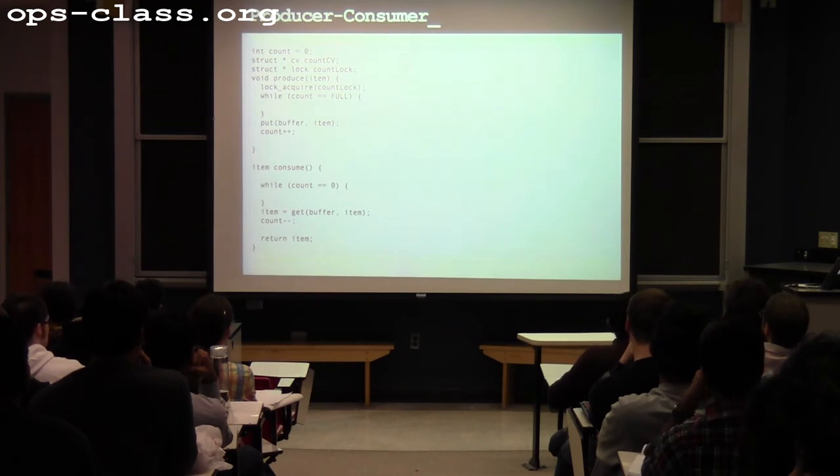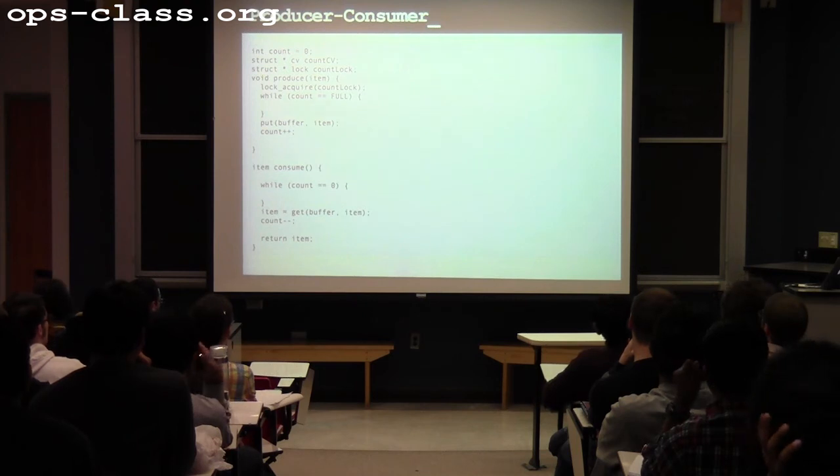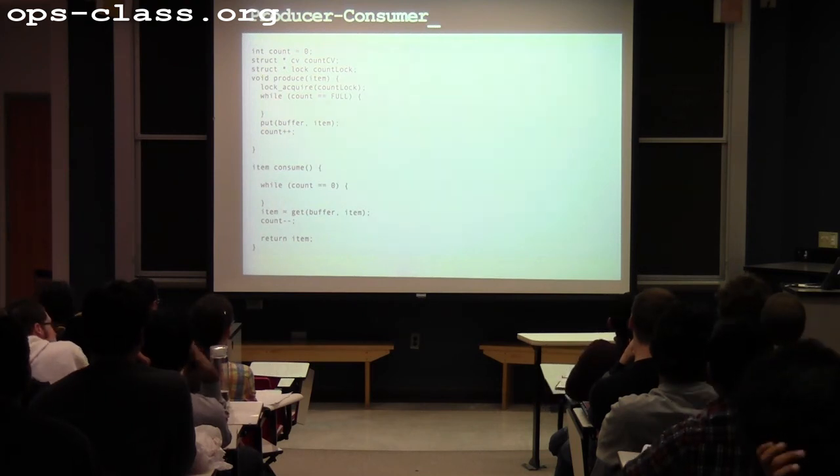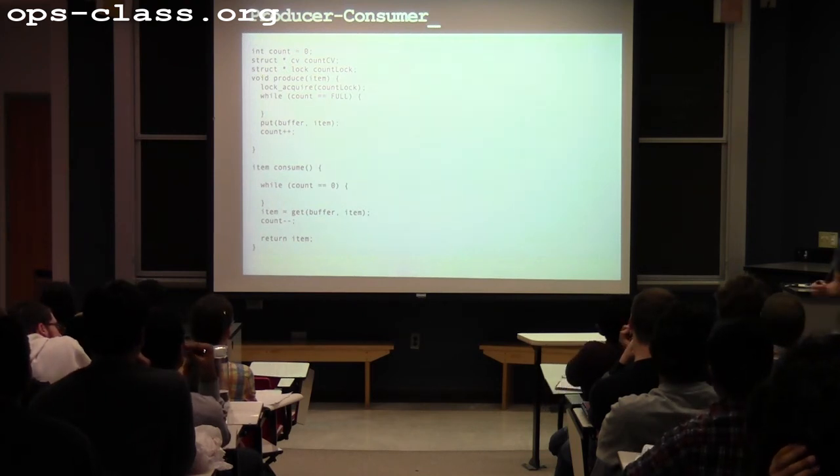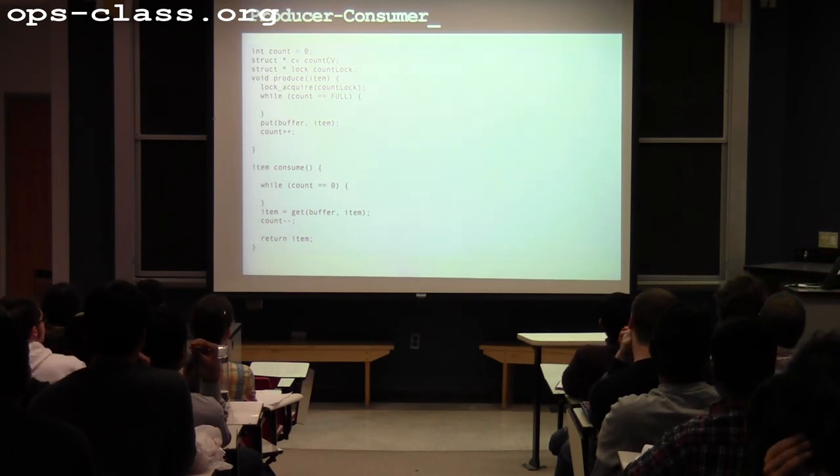But then right after I check the count, this guy could run, and he could actually consume something from the buffer, and there could be space. So I need to make sure that the count can't change on me after this condition, right? So using the condition variable, what am I going to do if the count is full?